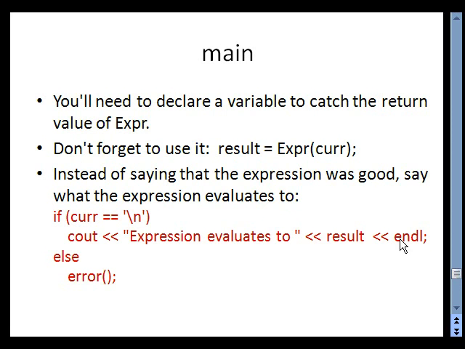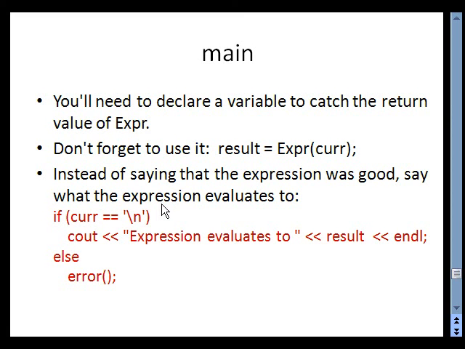Now, how do you have to change main? You don't have to do too much, but when you call expression, you do need to catch the result that it gives you back. So you're going to declare yourself a double variable in main called result and use it right here. When you call expression, just catch what it gives you back.